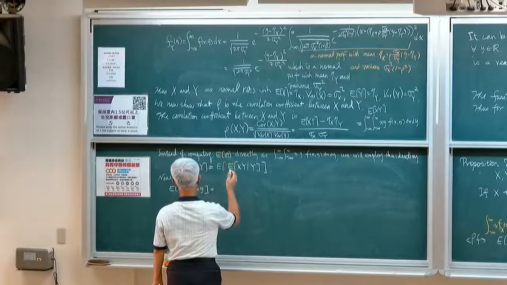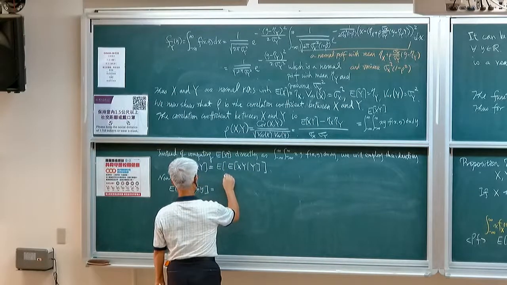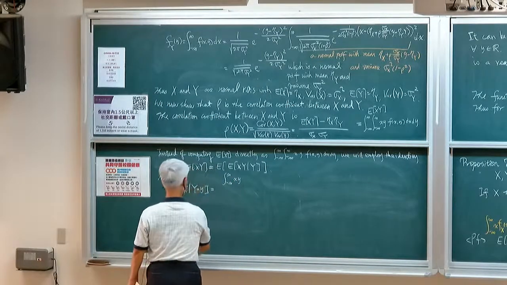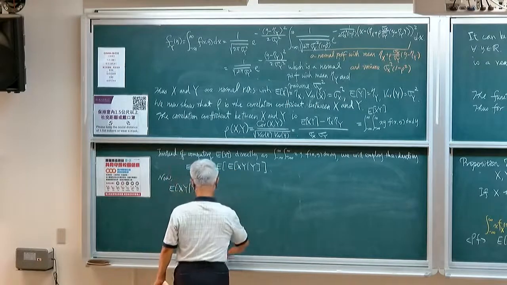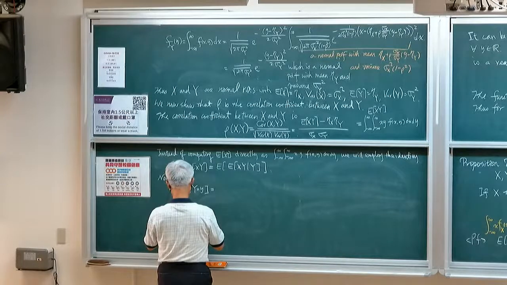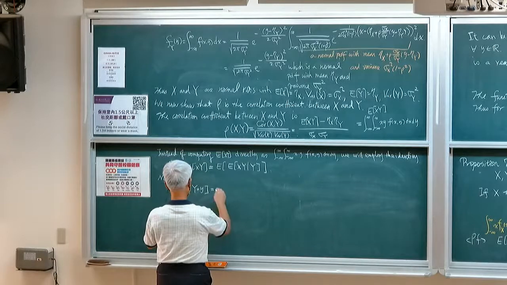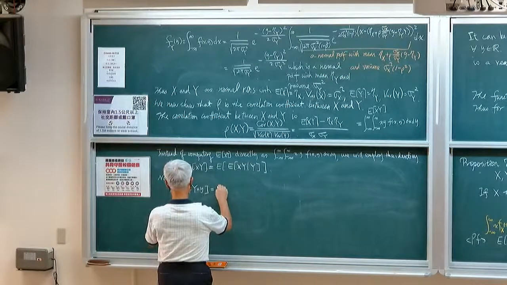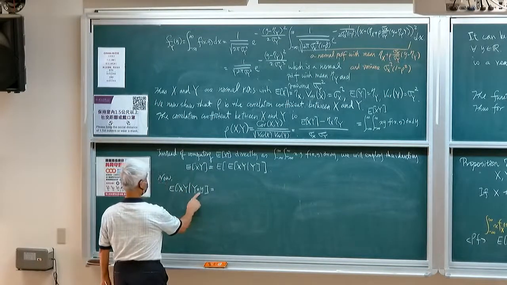Okay, so this one would be what? Should be x and y. Because y, we already know.